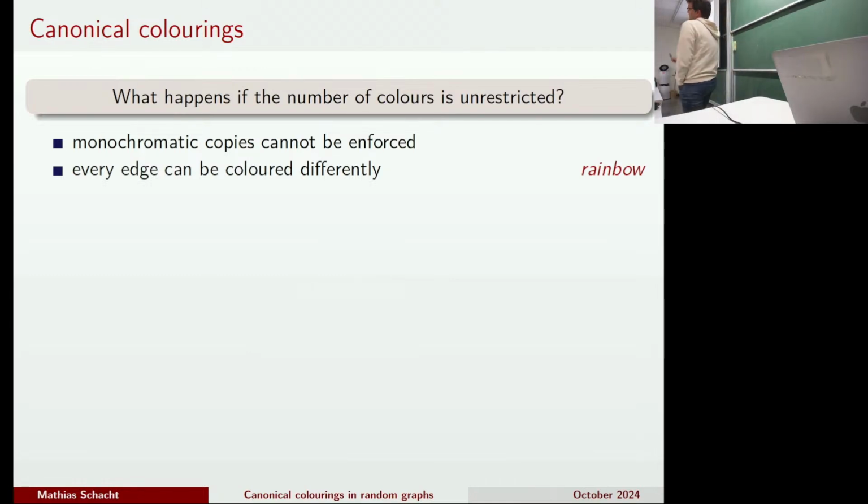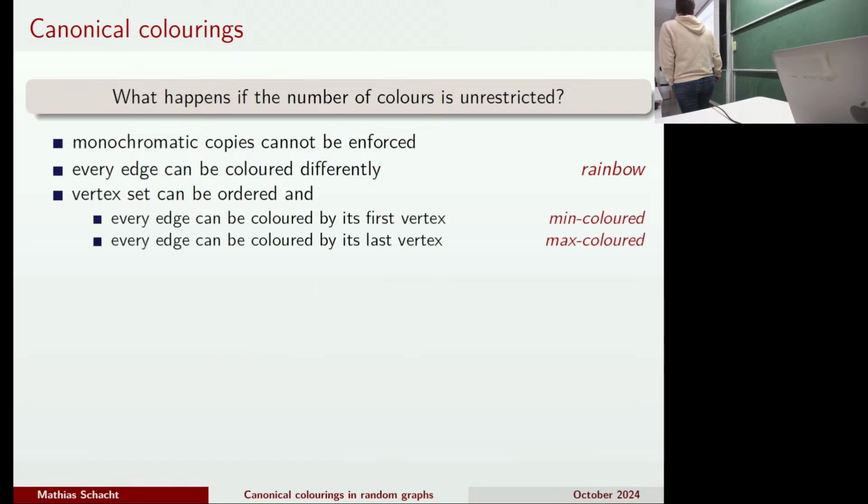This way you would get monochromatic stars to the right if n is to the right and 1 is to the left. And this, of course, you can also do backwards. Those colorings are clearly not rainbow because not all edges are different, and obviously you don't have monochromatic copies if you are interested in something more interesting than a star itself. Those colorings I would call min-colored or max-colored. You could have other names, lexicographic colored and so on, but I think min and max is easiest to remember.